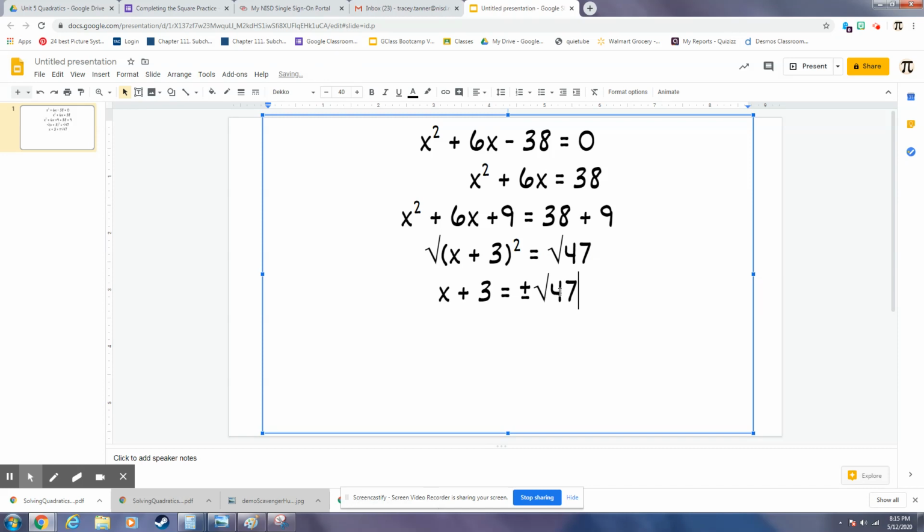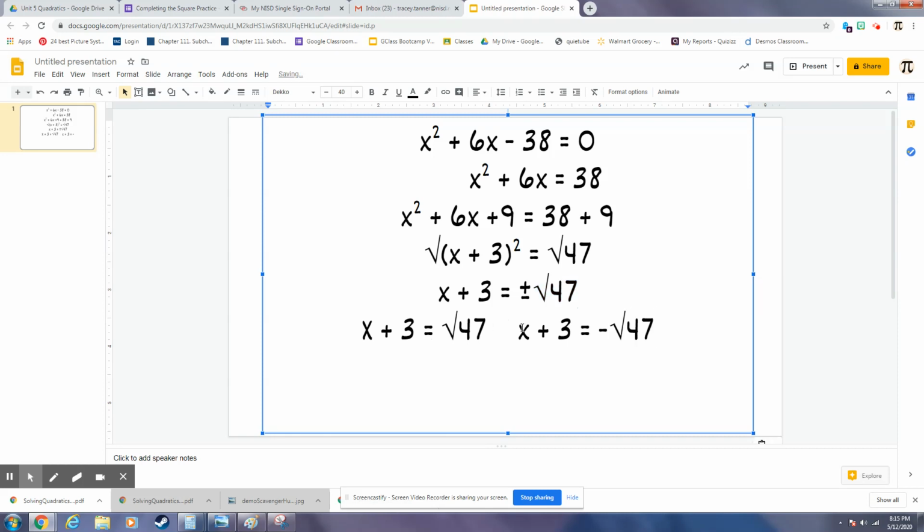Okay. All right, so we have two things going on here. We have x plus 3 equals the positive square root of 47. Or we have x plus 3 equals negative, the opposite, the square root of 47.